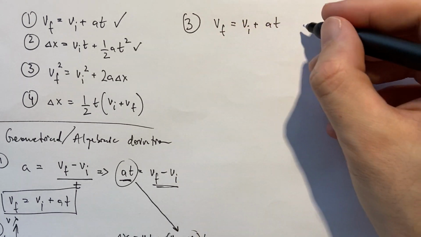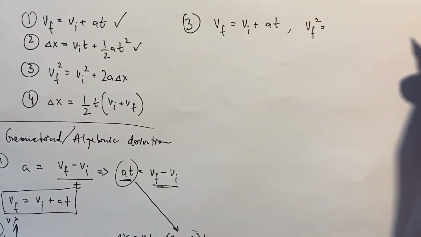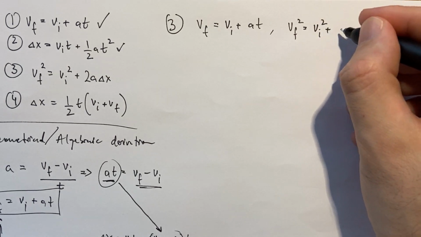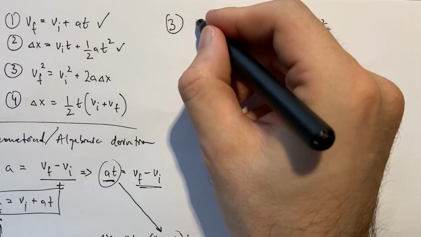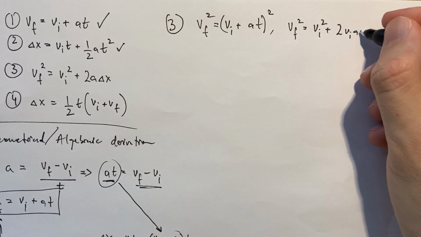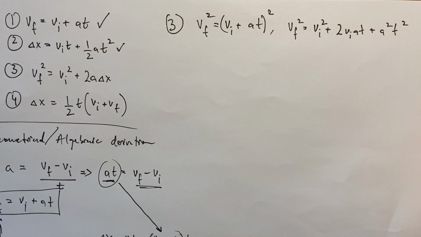This will give us vf squared equals vi squared plus 2vi at plus a squared t squared.